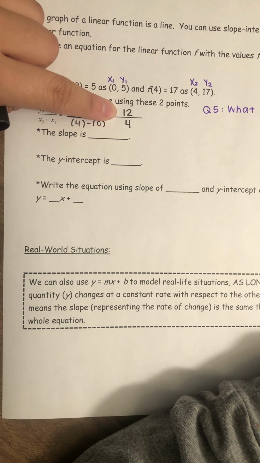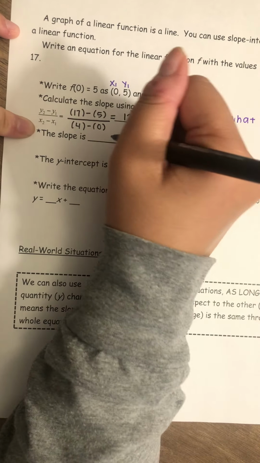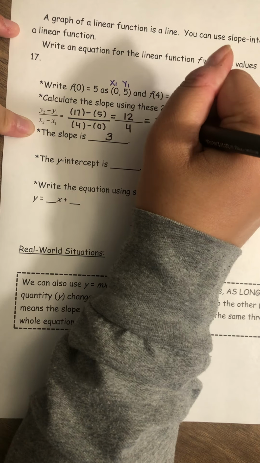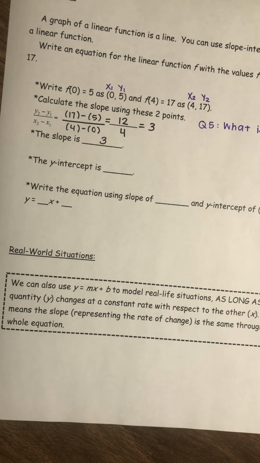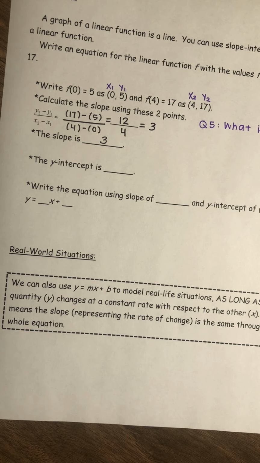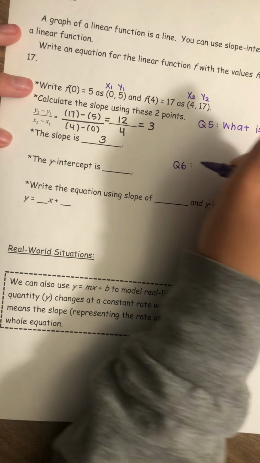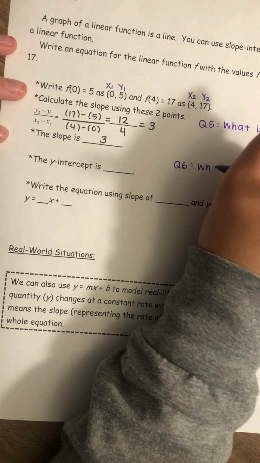This can be simplified so that our slope is 3, because 12 divided by 4 is 3. Perfect. Your last chat participation question is, what is the y-intercept?